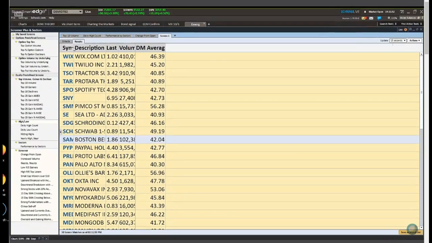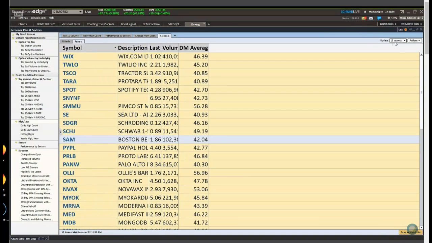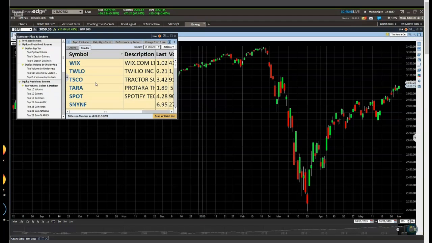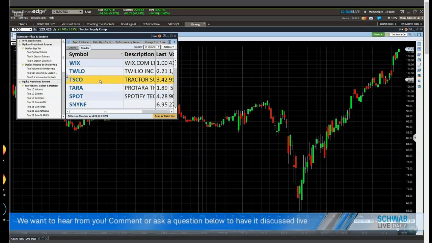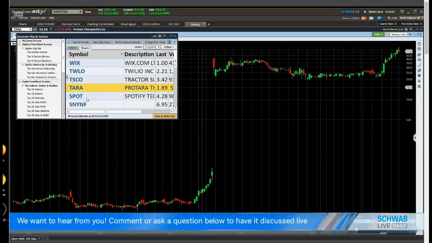We'll take a look at a couple of them. It might not matter what the direction is. Obviously with a high ADX, that stock is trending. So if you want to know where the action is, looking for stocks with high ADXs can help you out.